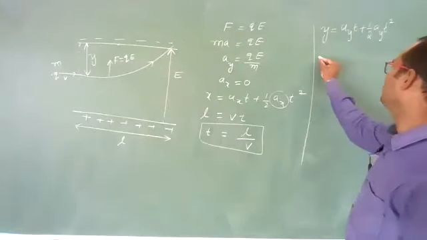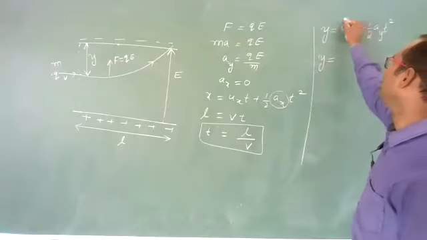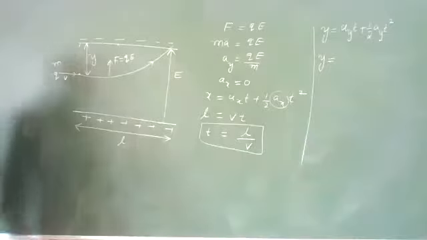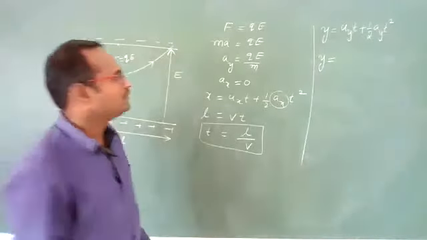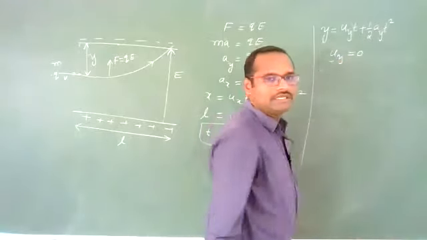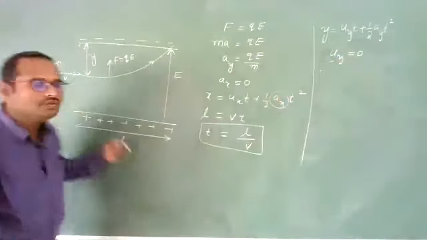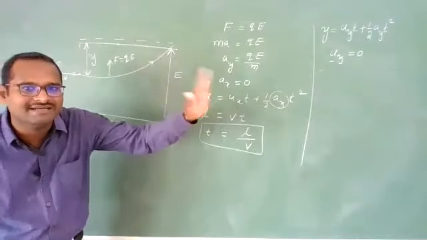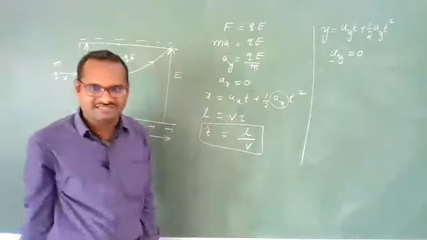So vertical displacement is equal to uy value. Initially when it is entering into this electric field, no vertical velocity. So uy value we can take as 0. It is moving exactly horizontal, not somewhat inclined.